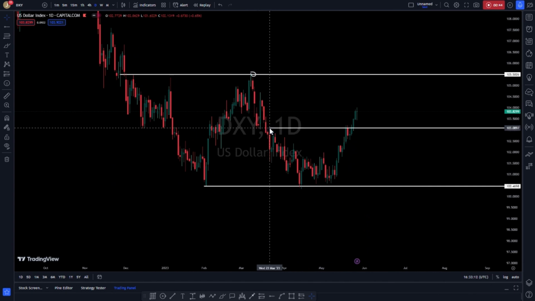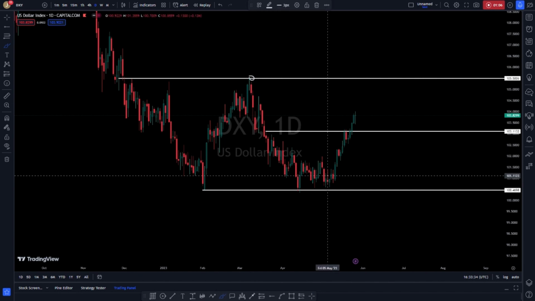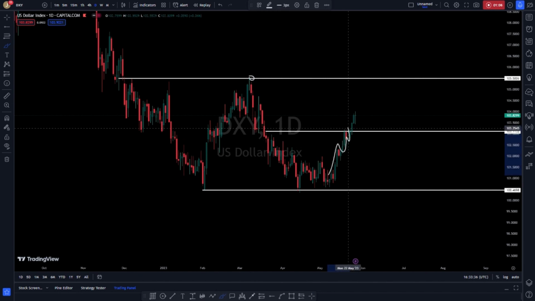The DXY is the one that controls the dollar index, and it also gives us the direction of where the dollar will be heading. The DXY has been trending to the upside for the past few days, and initially, when the market got to this area, I thought it might give a rejection.